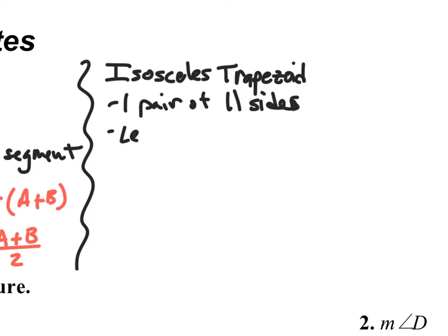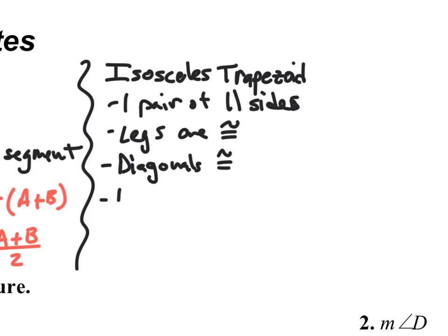The legs are congruent, okay? And then I know that the diagonals are congruent. And I also know that the base angles are congruent. I have two different pairs of base angles.